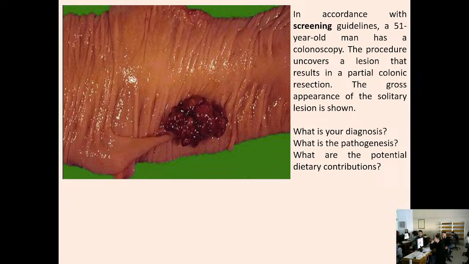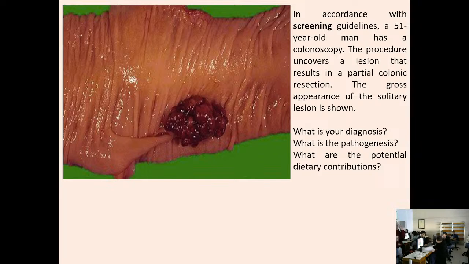Sessile means flat. What do you think? It has a stalk. So what do I have to do when this is resected? I have to check the stalk for neoplastic elements. Because what is the stalk in such an adenoma? The stalk is the submucosa arising with the mucosa.